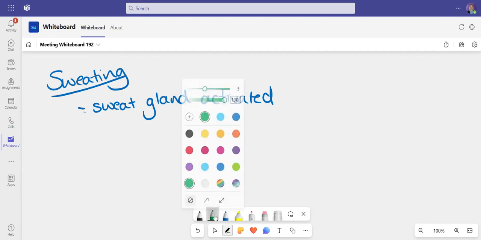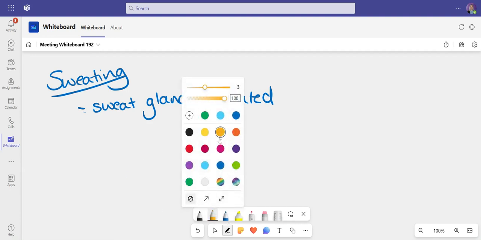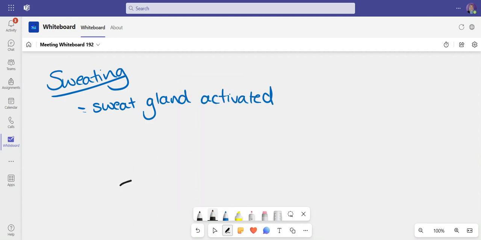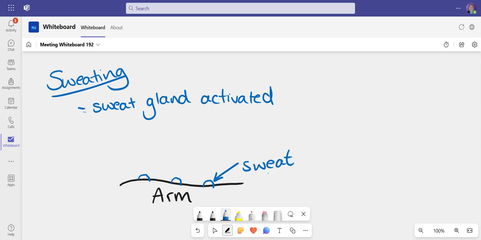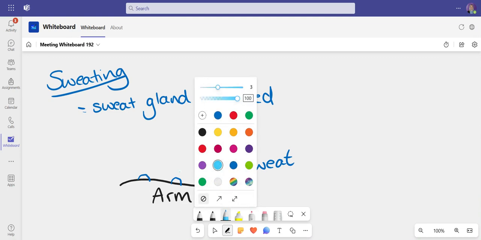So if I draw our skin, say this is your arm, okay, and we get some sweat on the surface, there's some little droplets of water. Okay, now that water is going to evaporate.